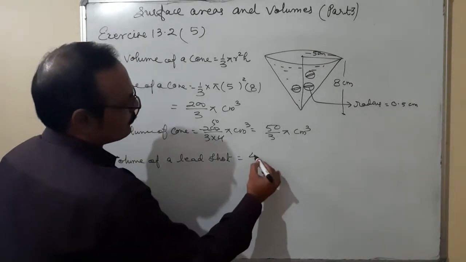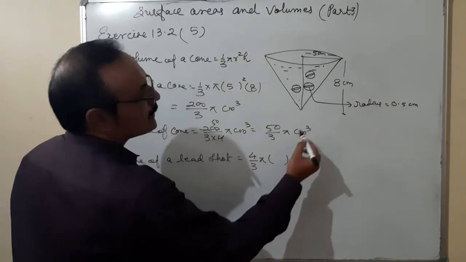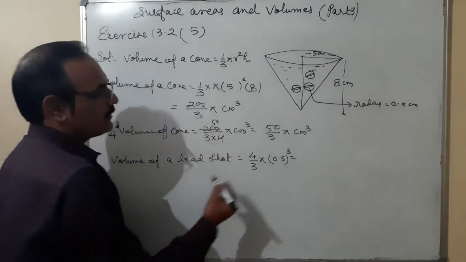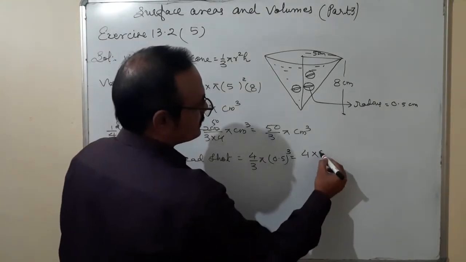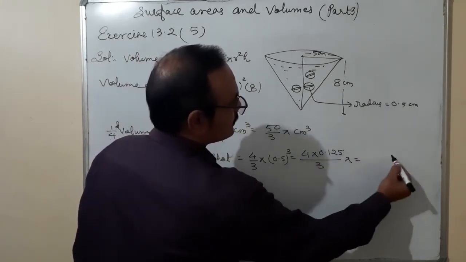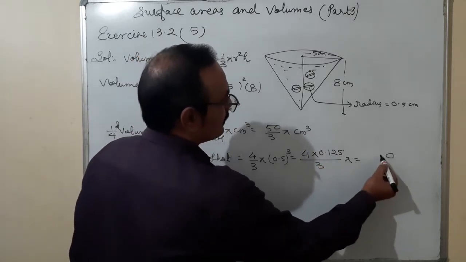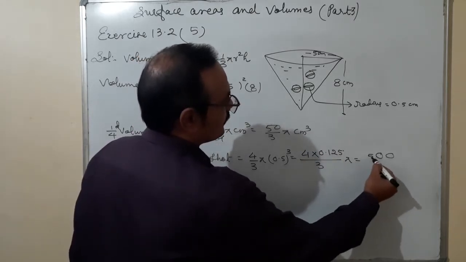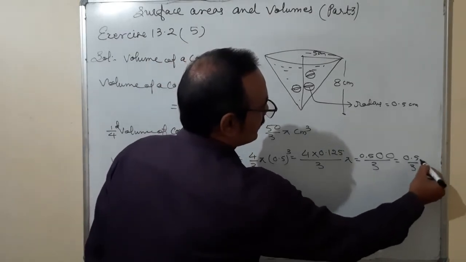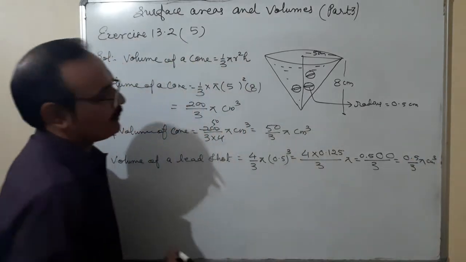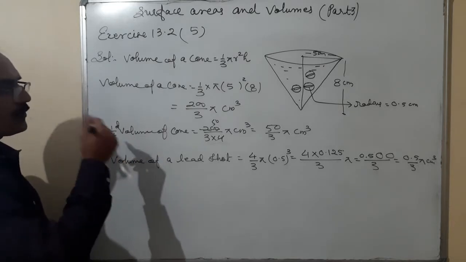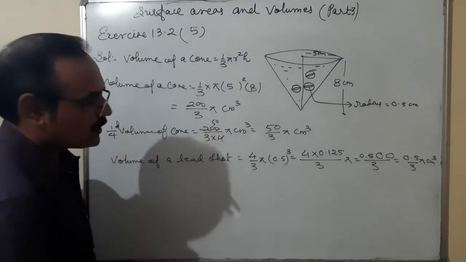Therefore, the volume of a lead shot is 4/3 pi r cube, radius 0.5 cube. 5 5s are 25, 25 5s are 125. 4 multiplied by 0.125 over 3 pi, which simplifies, so finally it is 0.5/3 pi centimeter cube. This is the volume of a lead shot, and 1/4 of the volume of the cone means the water that flows out.